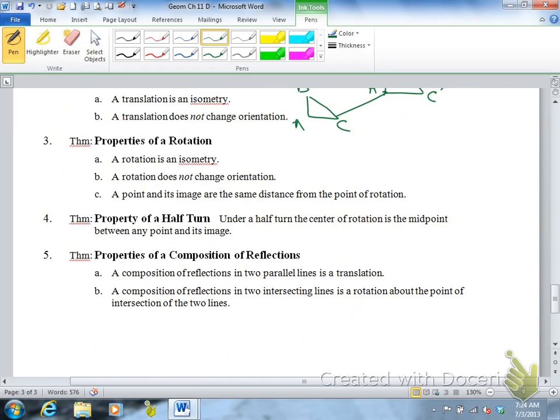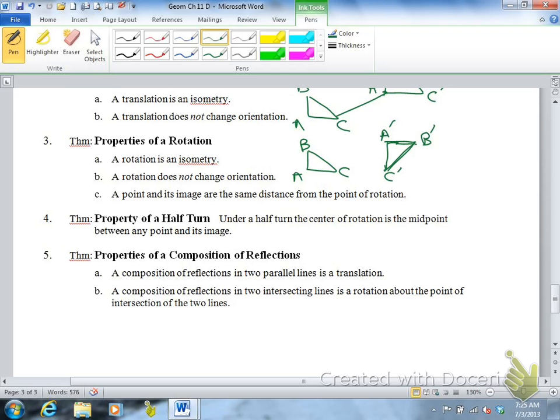Properties of a rotation. Rotation is an isometry. Rotation does not change orientation. A point and its image are the same distance from the point of rotation. So if we have ABC, and we have A prime, B prime, C prime, try to make them congruent.